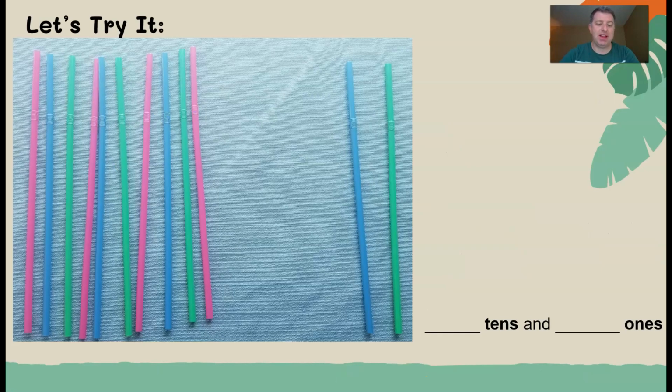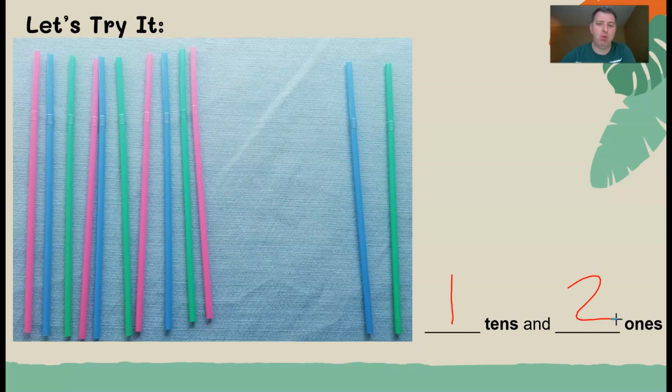And that brings us back to our straws, friends. Here I have a group of 10 that we counted out, and then I had some left over. How many do I have left over, friends? 2. So if I were to write this, I have 1 ten and 2 ones. 1 ten and 2 ones.